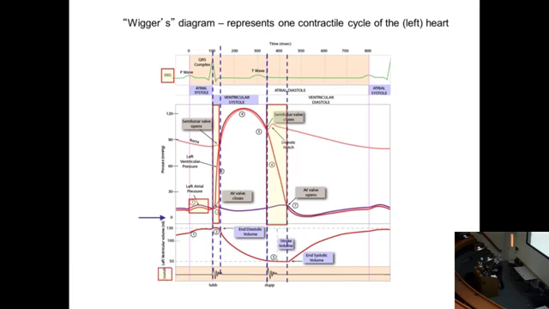Let's look at the heart sounds. We have S1, scientifically known as lub, and S2, known as dub. No Latin there that I know of. You'll notice that that sound takes place right about where that AV valve closes, pretty close.